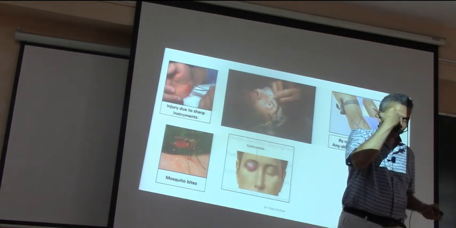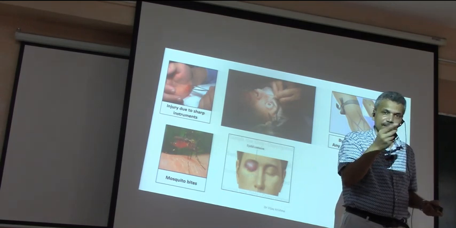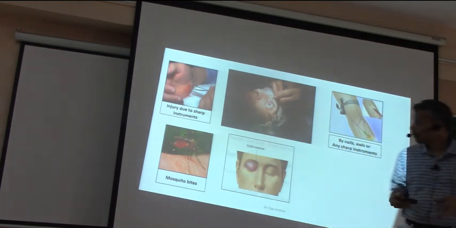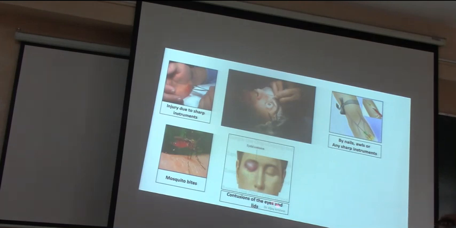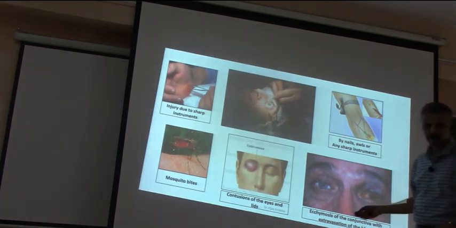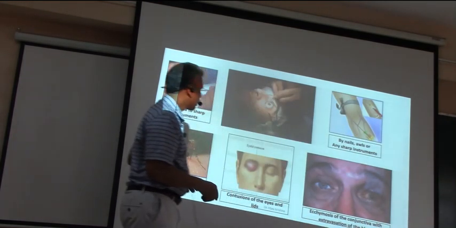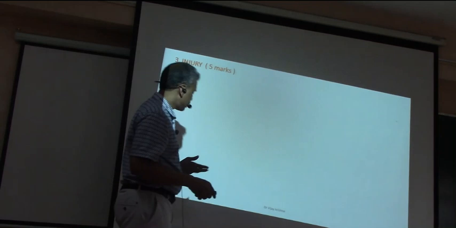So after a blow, if there is blood, black eye, Ledum can be useful. So contusion of the lids and the eyes. Again an image showing ecchymosis of the conjunctiva. Can you see this? It is white here and red here because of some accumulation of blood.